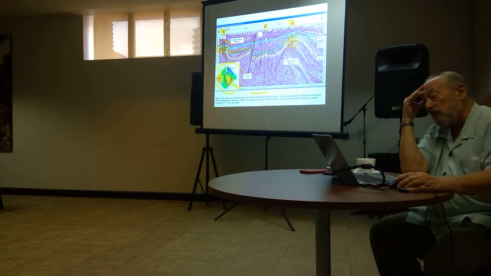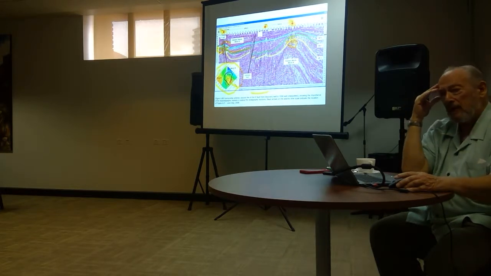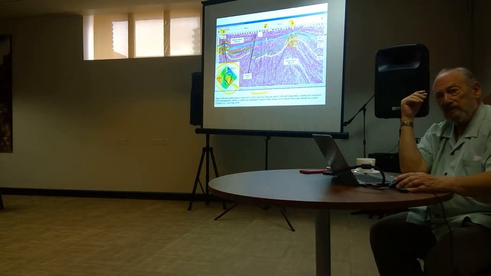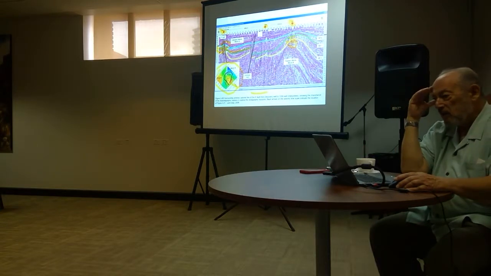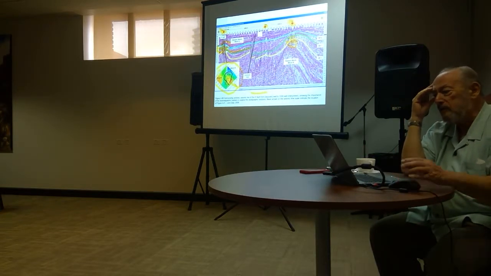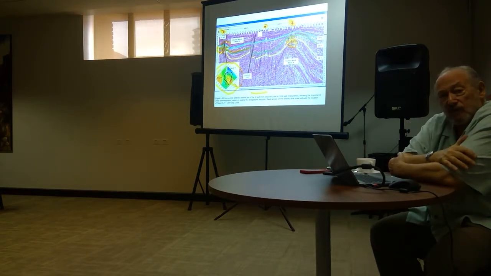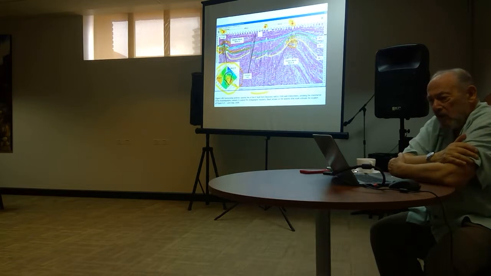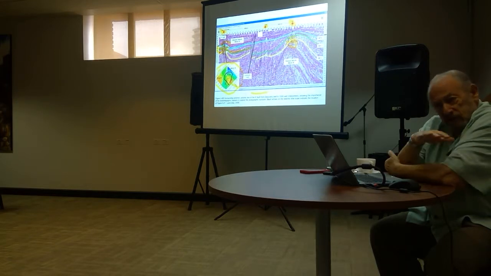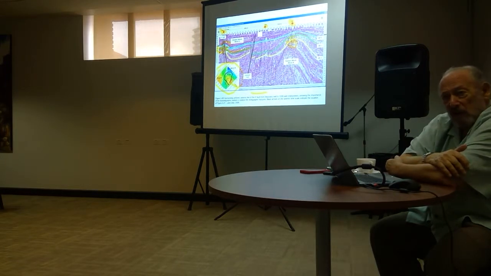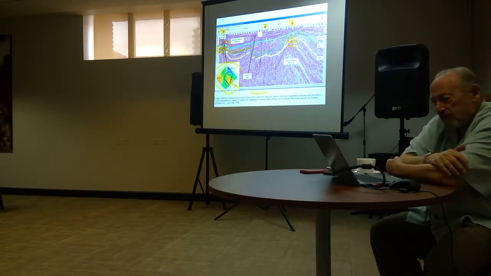So we took that back to PEMEX, and they said, wow, that's great. Okay, now that you've correlated on the seismic, you've opened up some new areas for looking at drillable prospects.